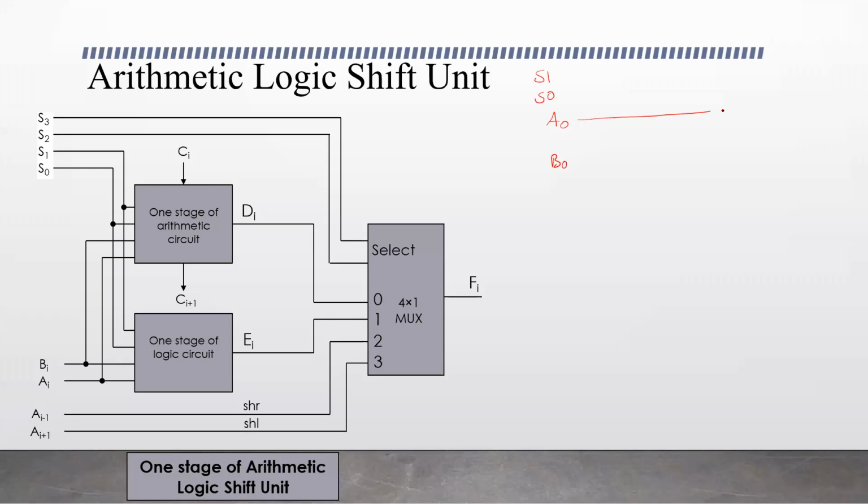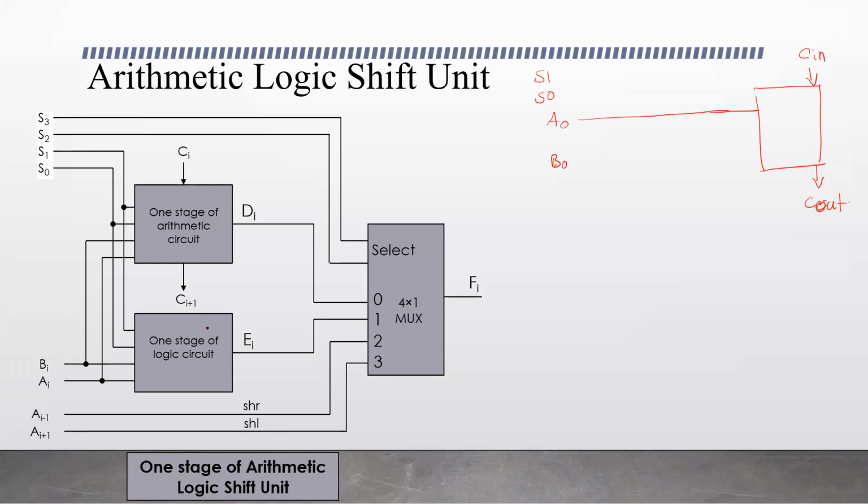This is connected to the parallel adder. The input is given to the parallel adder, and the parallel adder takes the carry input. After addition we get the carry out. This is mentioned in this circuit as Cin and Ci plus 1 in our ALU circuit.